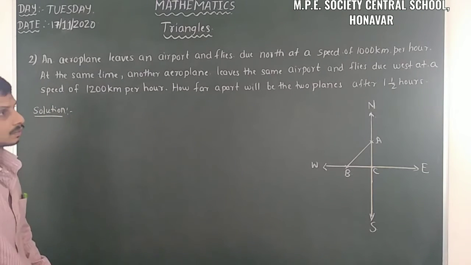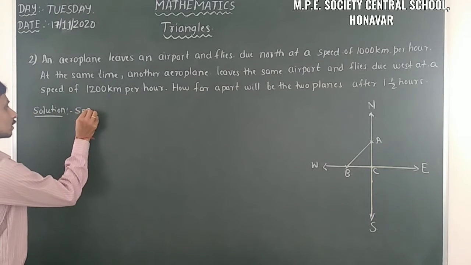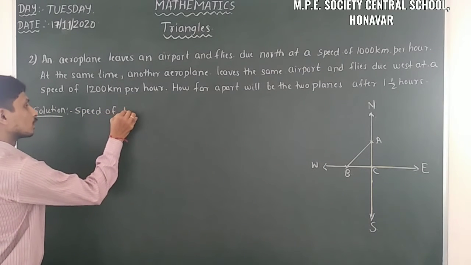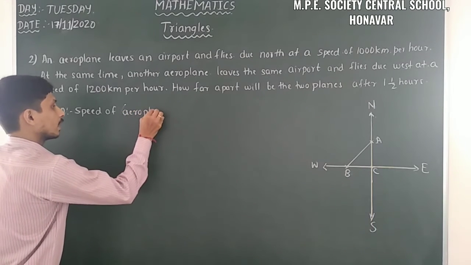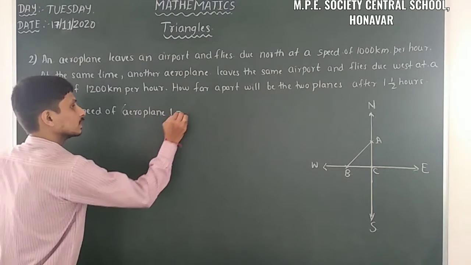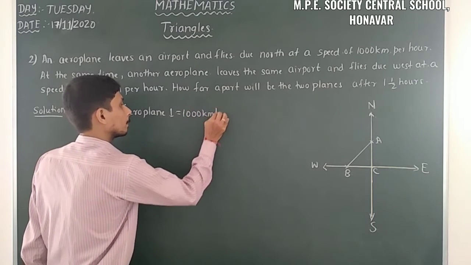Firstly, we have to write the given terms. The speed of aeroplane 1 is equal to 1000 km per hour.